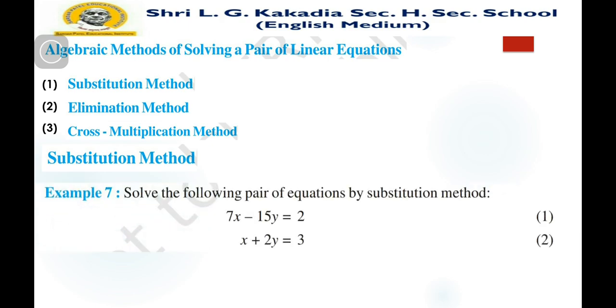Solve the following pair of equations by the substitution method. Here two linear equations are given. As you can see, the first one is 7x minus 15y is equal to 2 and the second is x plus 2y is equal to 3. They are equation number 1 and equation number 2.